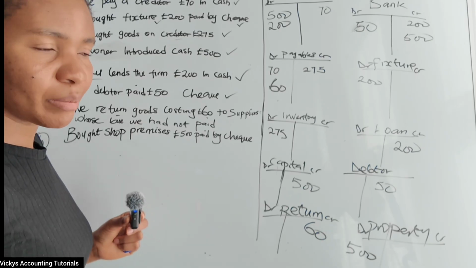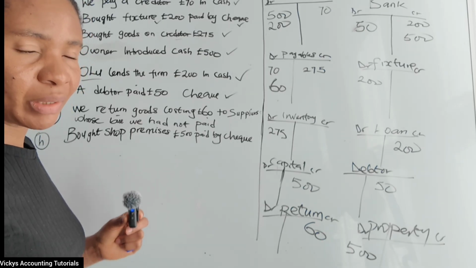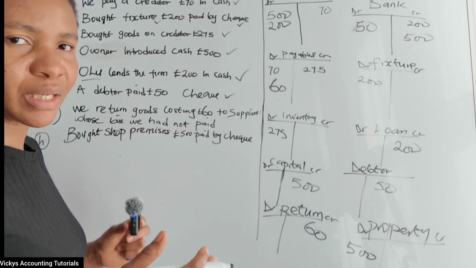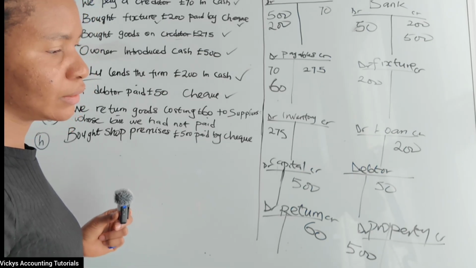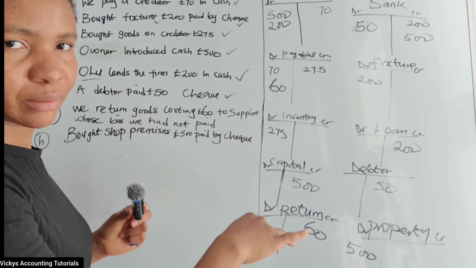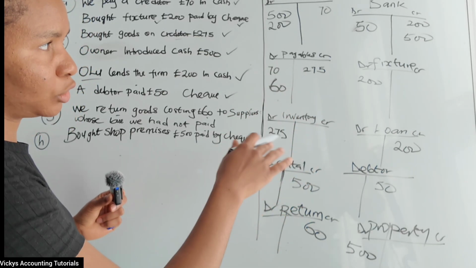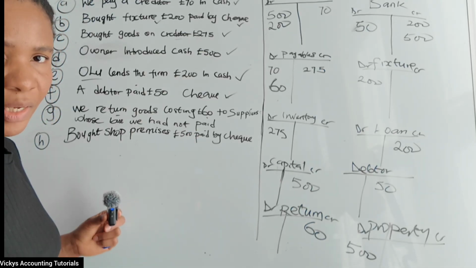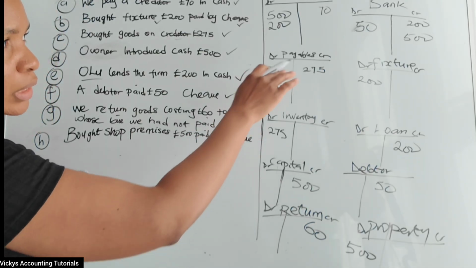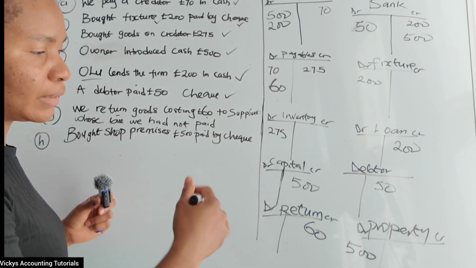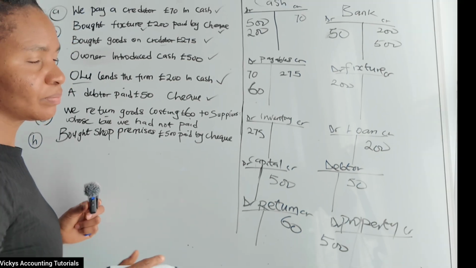If it does not balance, that means there is a discrepancy somewhere. There is a mistake and something needs reviewing. You understand? So I'm going to sum this up and then come back and show you, and then we draft our trial balance. I'll balance up the accounts off camera and then I'll return. See you then.